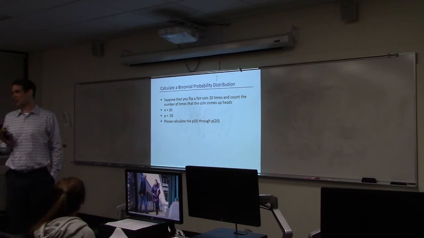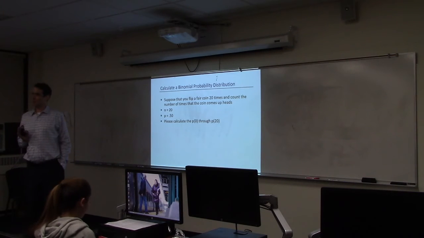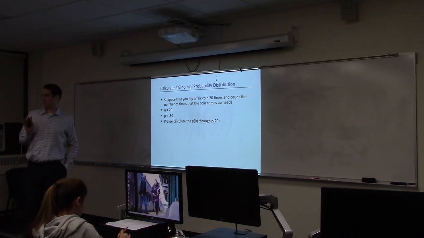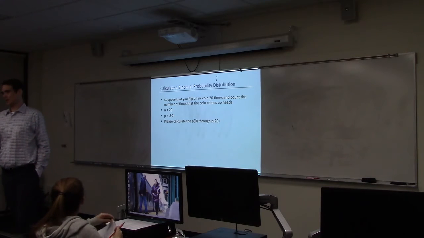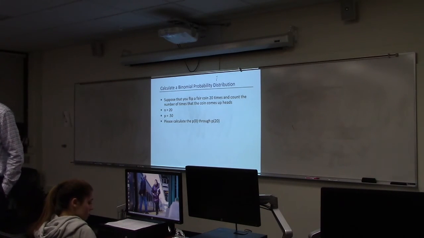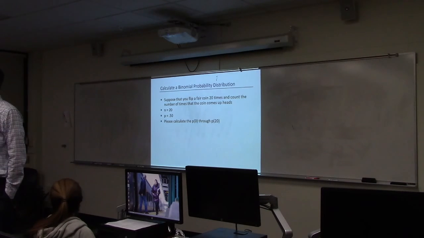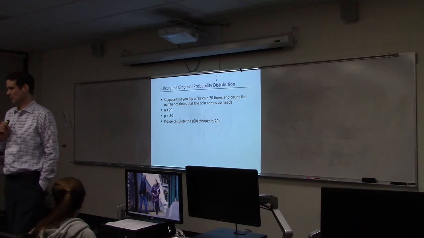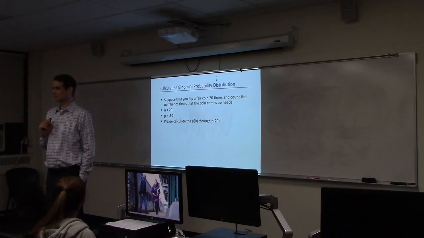So let's do one together. Suppose we want to calculate the probability of 11 successes in this 20 coin flip experiment. So we're going to flip a coin 20 times. I want to know how likely is it that 11 of those coin flips will come up heads. Does everyone understand the question?